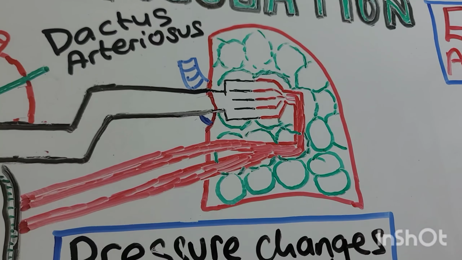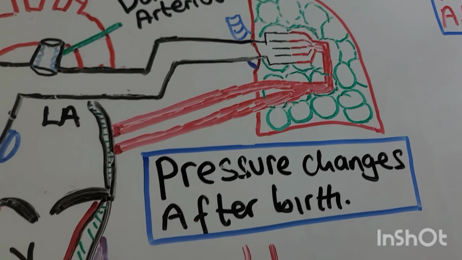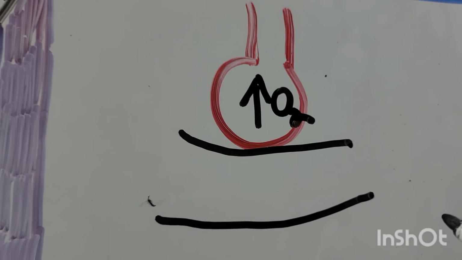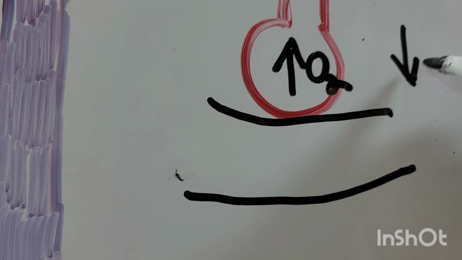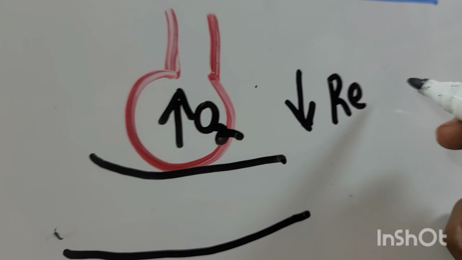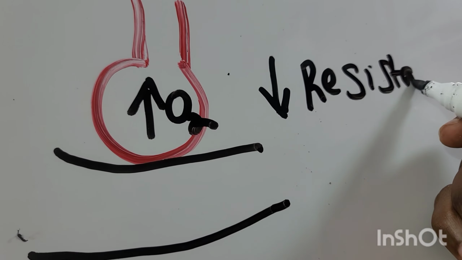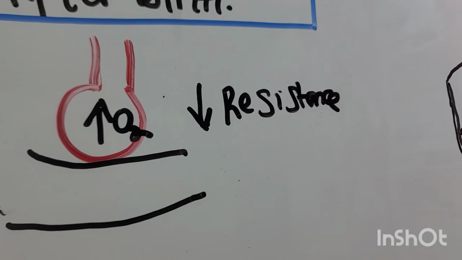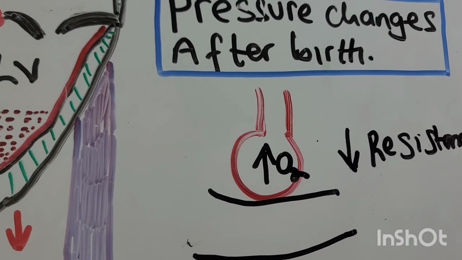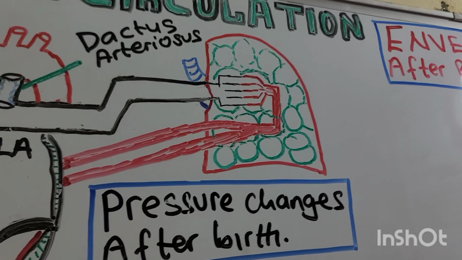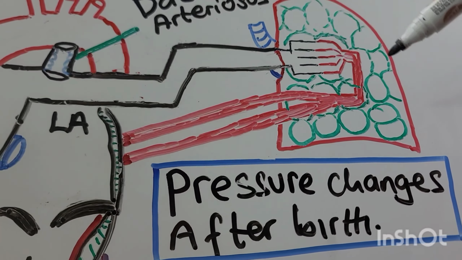Okay, so now if we have an increase in the dilatation of the pulmonary arteries, it means we are going to be decreasing resistance. If we decrease resistance, it means we are going to be allowing blood to come to that area, because during fetal life we had a lot of resistance in the lungs.